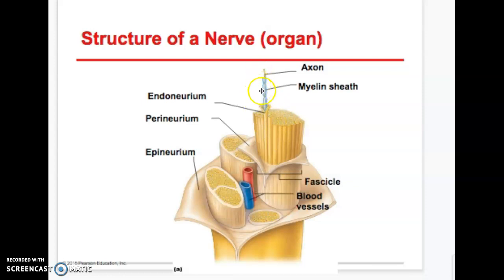A bunch of axons with their myelin sheath and endoneurium bundled together forms a fascicle, and a fascicle has connective tissue wrapped around it called perineurium. A group of fascicles and their associated blood vessels have connective tissue wrapped around it, and it's called epineurium. So epi is the covering, peri is around the fascicle, and endo is within. That's the way to remember that.